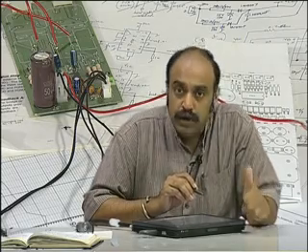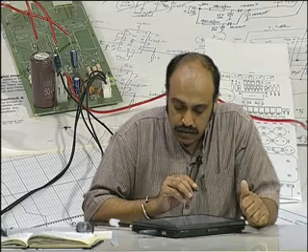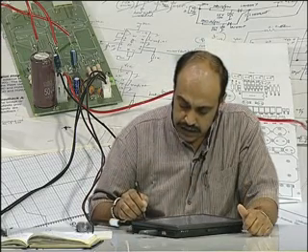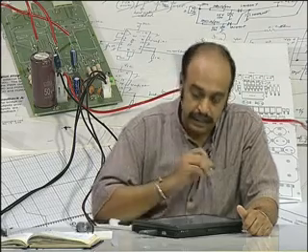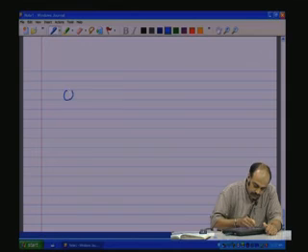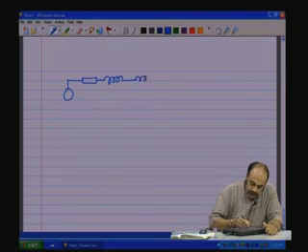Just one point of caution that you need to be careful about is what happens if I have two inductors in series or two capacitors in series. For example, in a case like this, let us say we had a resistance, an inductor followed by another inductor, a capacitance and a resistance.